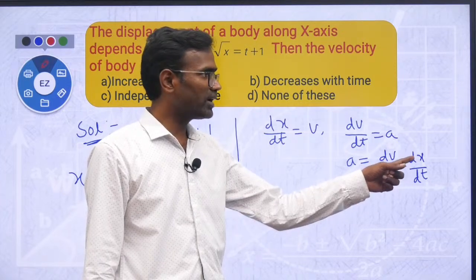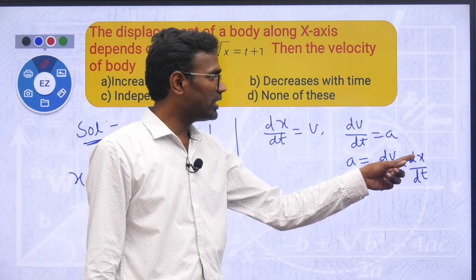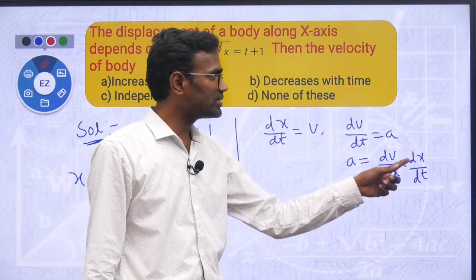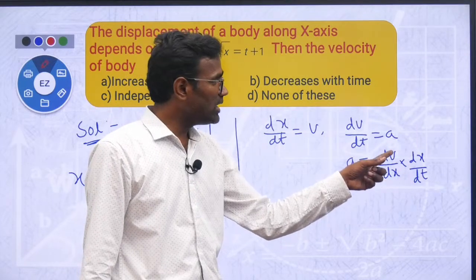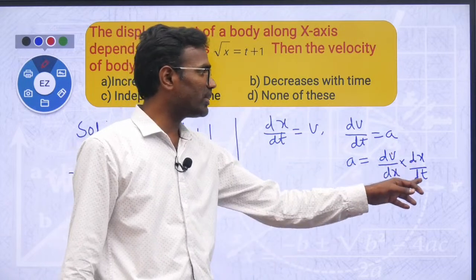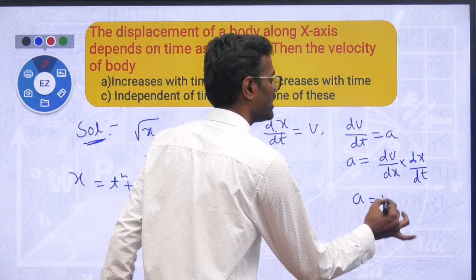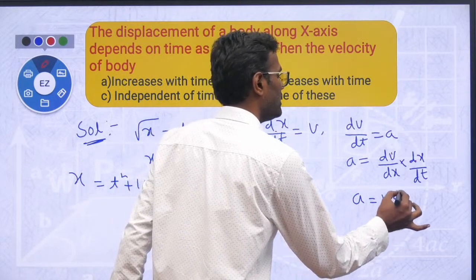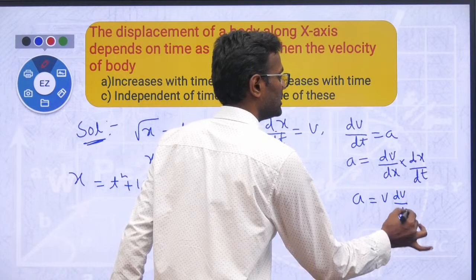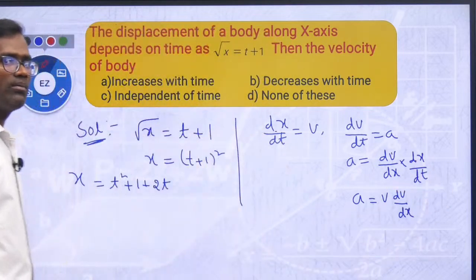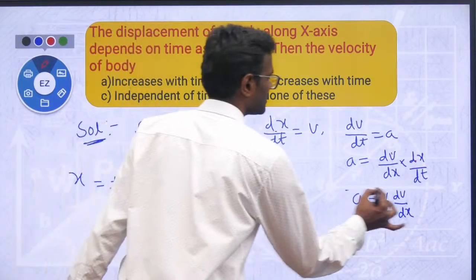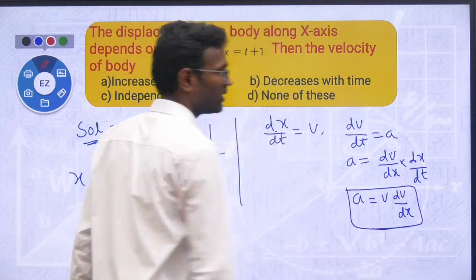If you cancel it, again you will get the same value. So dx gets cancelled. What is dx by dt? v. Therefore acceleration is equal to v into dv by dx. This is extra information for you.